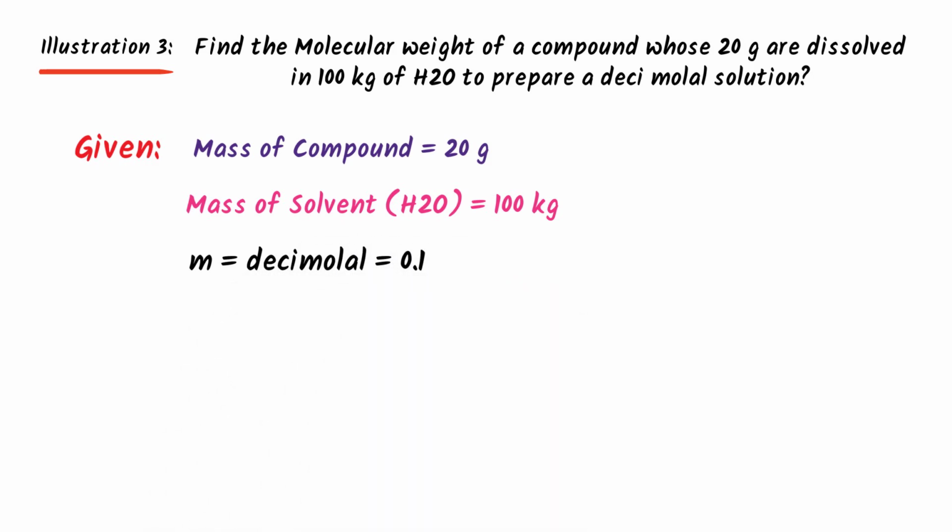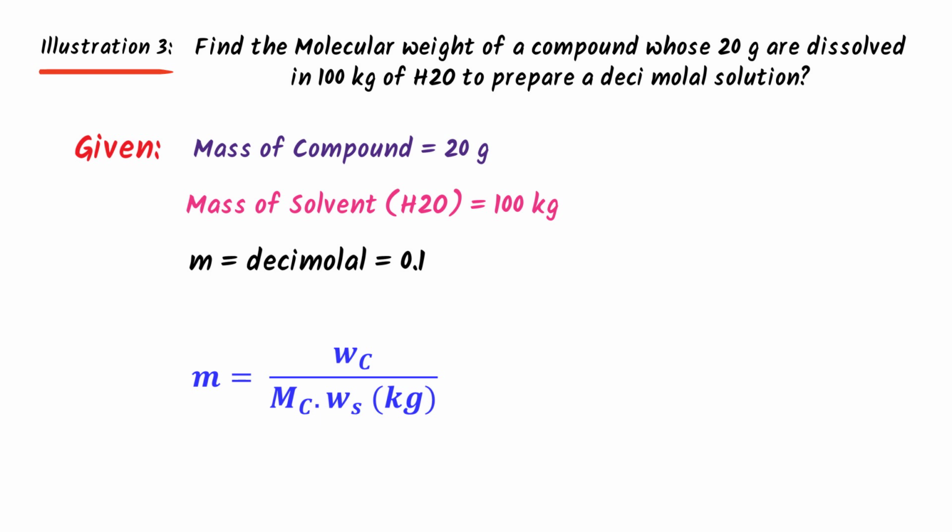Therefore, we can use the expression of molality that's equal to WC divided by MC into WS in kilograms, where WC is the weight or mass of compound, MC is the molecular mass of that compound, WS is the weight or mass of solvent.